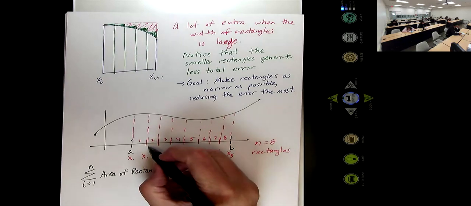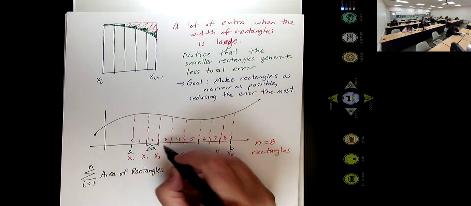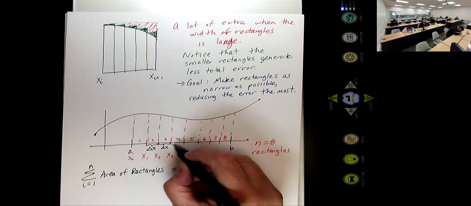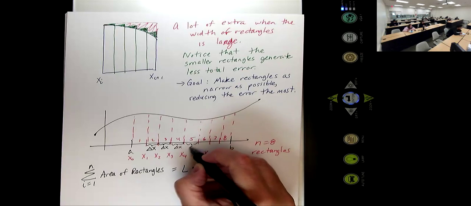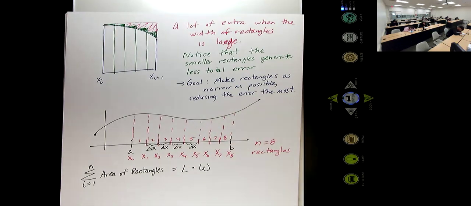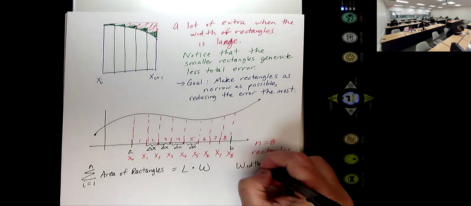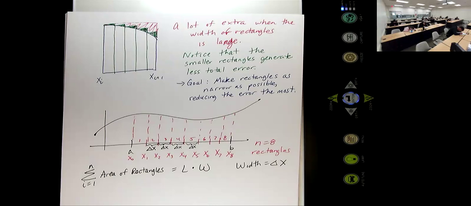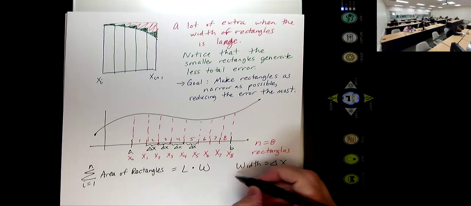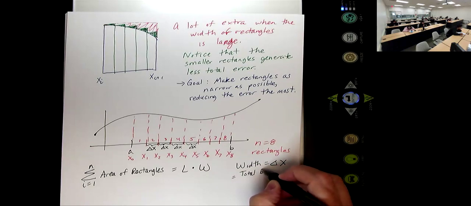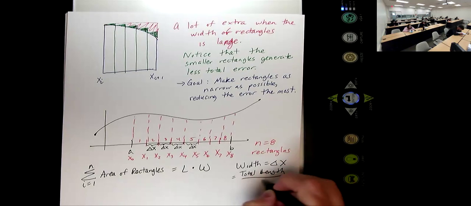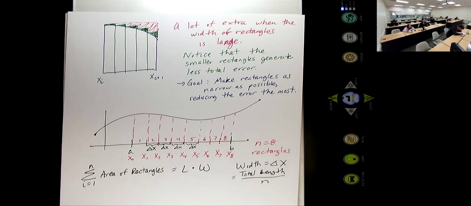We're gonna call each width delta X. If we keep it the same width on each of them, we can call them each delta X. So that'll be our width, delta X. And we can figure out what it is if we take the total length and divide by N. Does that make sense?